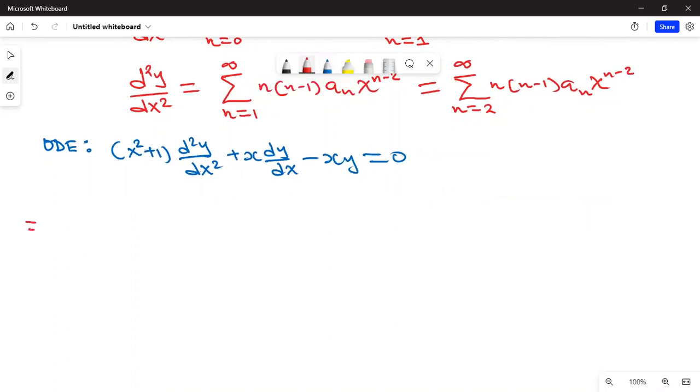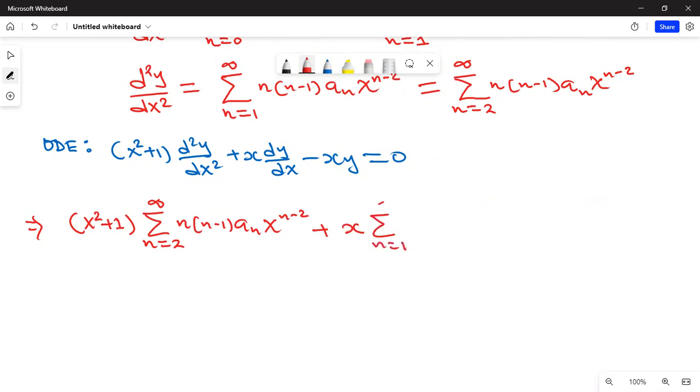So this simply means that we have x squared plus 1 times the second derivative, which is the sum from n equals 2 to infinity of n minus 1 a sub n x raised to n minus 2, then plus x times the first derivative, which is the sum from n equals 1 to infinity of n a subscript n x raised to n minus 1, then minus x times y.